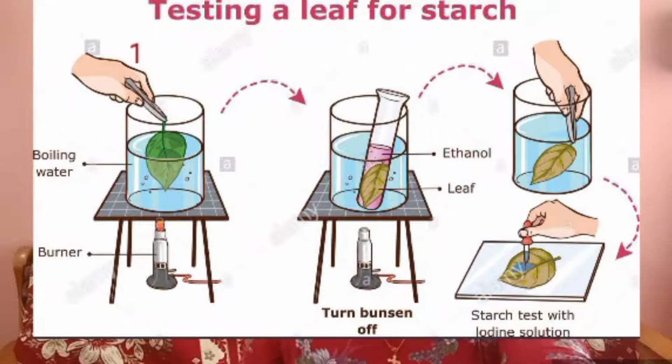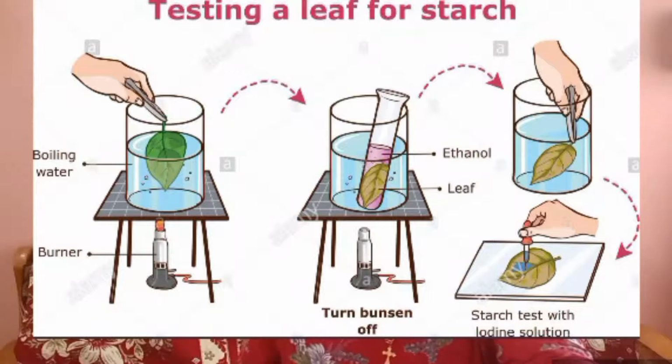The stand is there, a burner is there, alcohol is there, iodine is there. Now the first step: take a green leaf and boil it in the beaker containing water for 5 minutes to soften it.